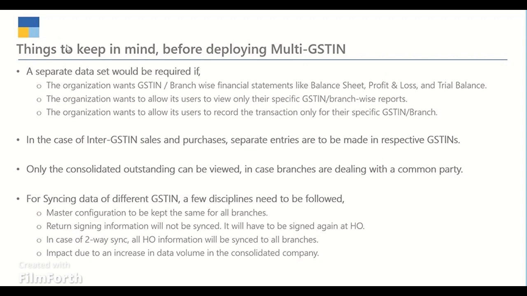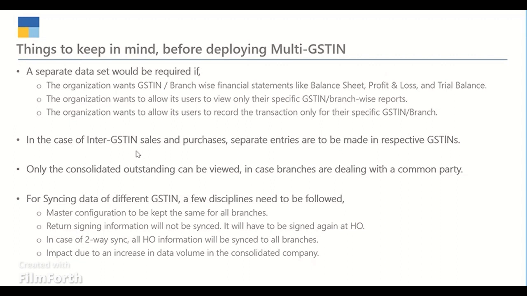And the organization wants to allow its users to record transactions only of their specific GSTN branch. These are some scenarios or questions which are not addressed. So if the customer is very keen on those requirements, then we recommend them to have a separate data set.